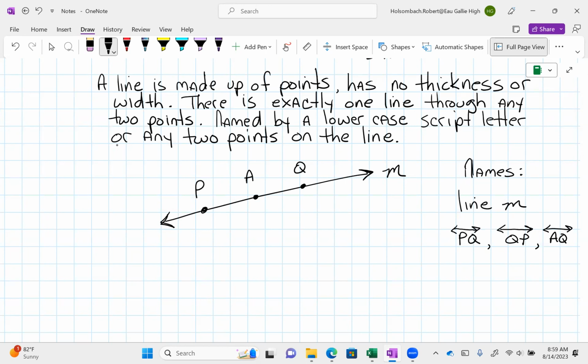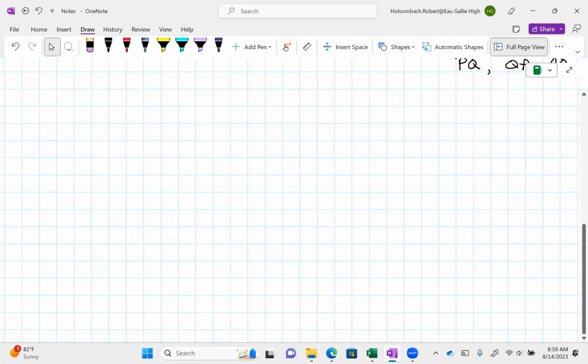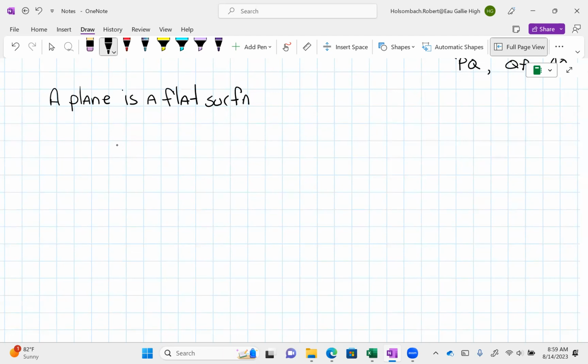All right, and then next we have a plane. Is a flat surface. Top of your desk is an example of a plane.